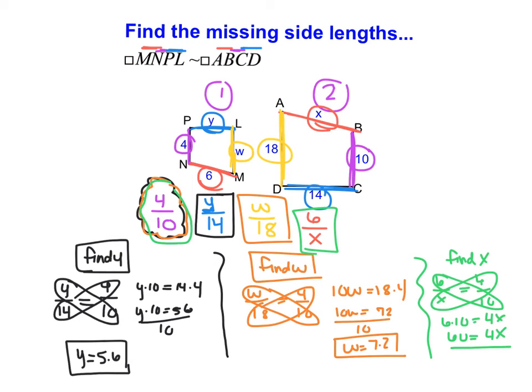Divide both sides by 4. And I find x is equal to 15. So then if I go back to my picture, this is telling me x is equal to 15, y is equal to 5.6, and w is equal to 7.2. And given my picture, all of those values seem to in fact make sense.